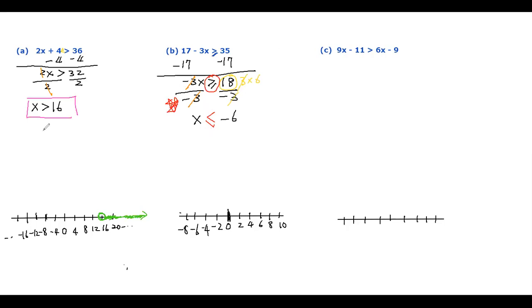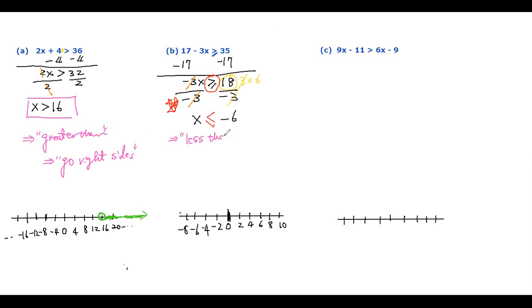So from here, we said x greater than 16, so greater than, which side do you go? You go to the right-hand side. Now this is less than, so which side do I go to? Because this is less than, right?